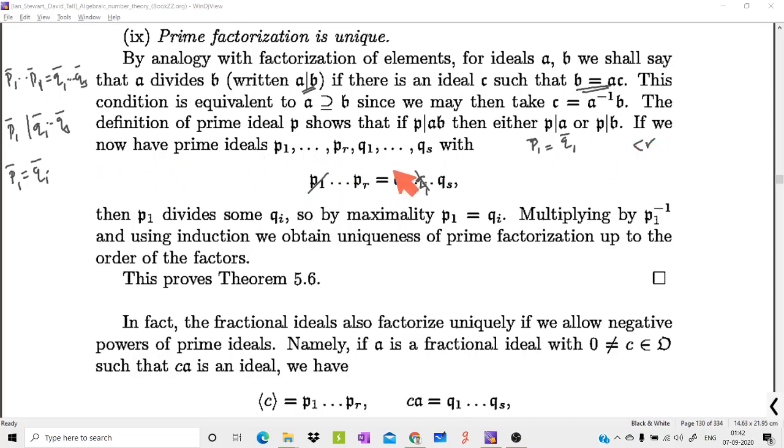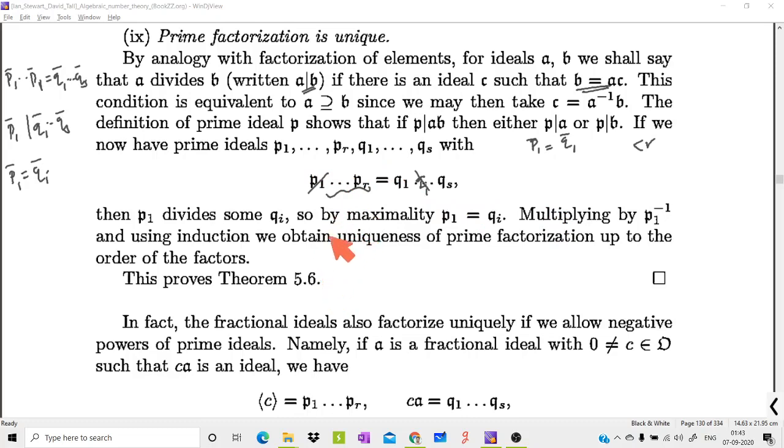Then by the induction hypothesis we get the one-to-one correspondence between the ideals of these two expressions. So this shows that prime factorization of ideals, as with the prime factorization of elements, is unique. So this proves theorem 5.6.